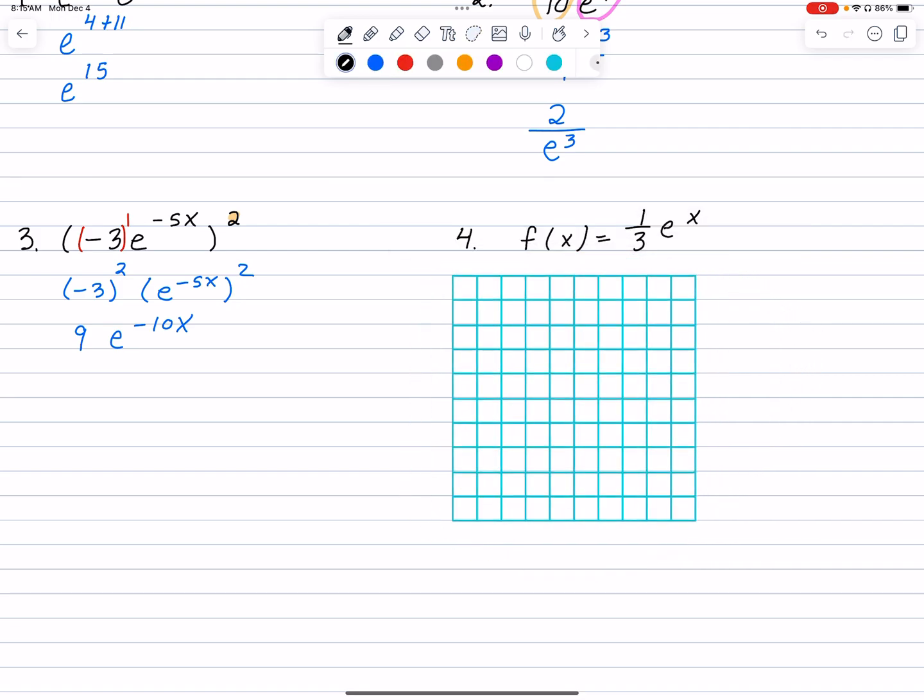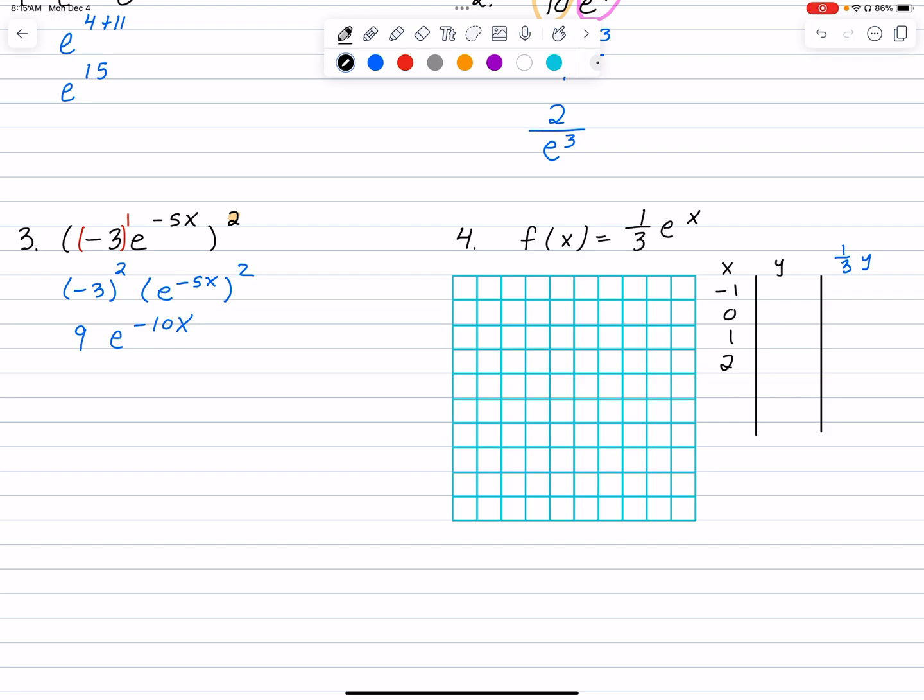Okay, so for the table, I'm going to have x, y, and notice it's 1/3 times e to the x. That's a vertical shrink in this case. Because it's vertical, you multiply it to y. So for the numbers, I think I'm going to use -1, 0, 1, and 2.